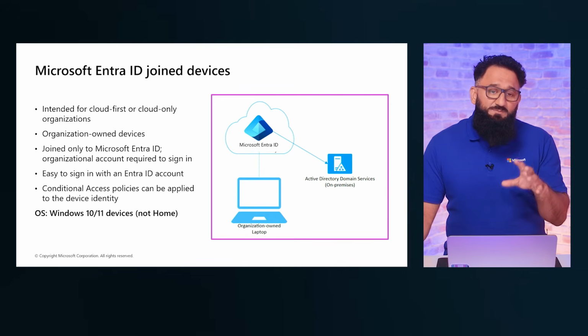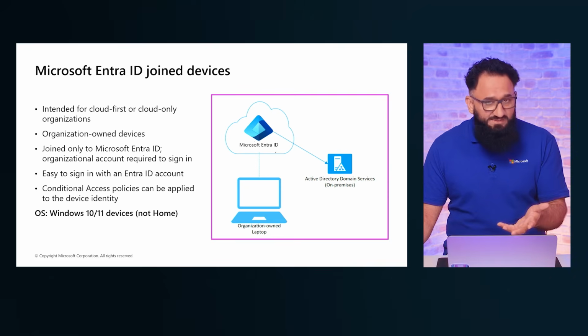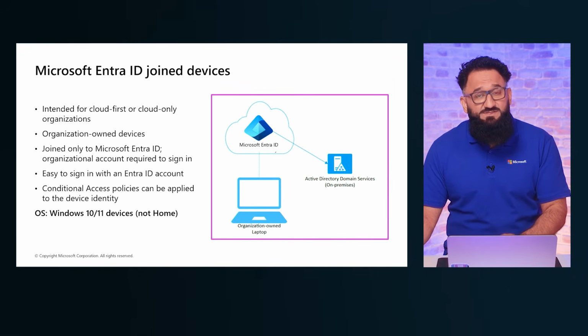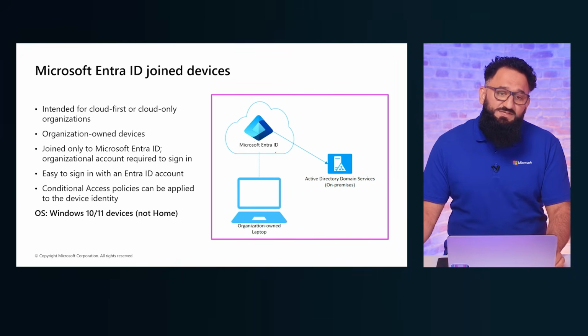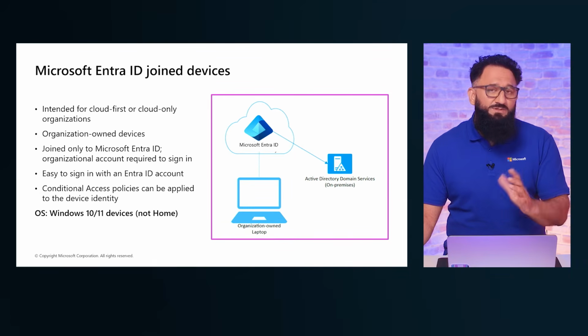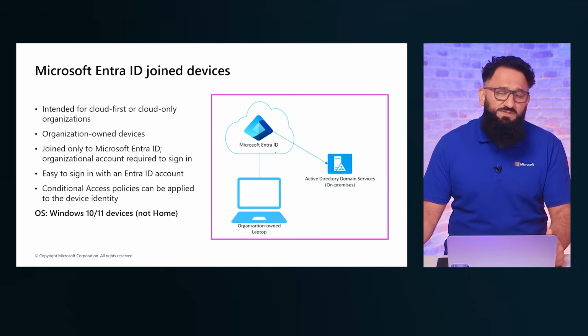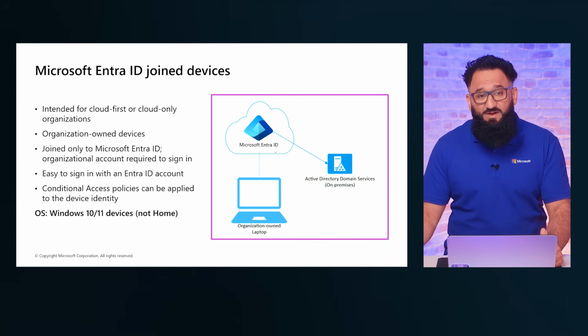You can push down loads of different policies using your device management services, including creating policies in Entra using conditional access to allow and control what users can do with this device and work within your environment.